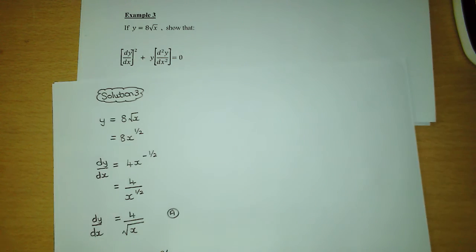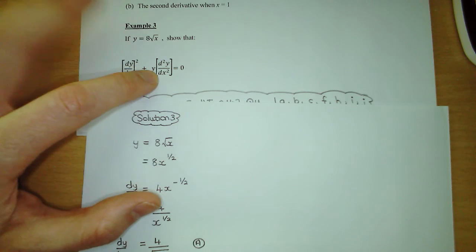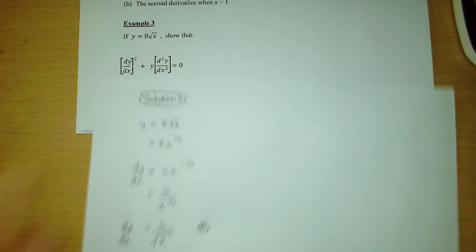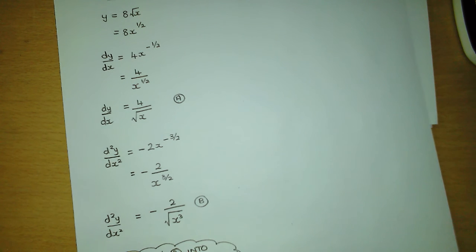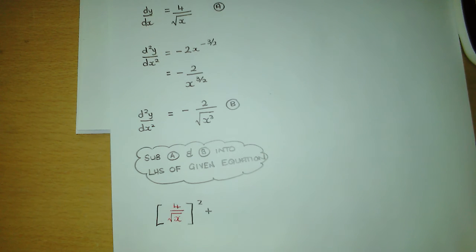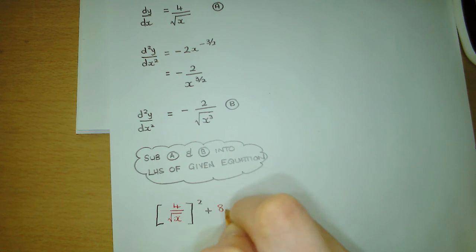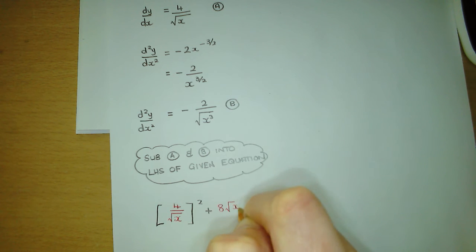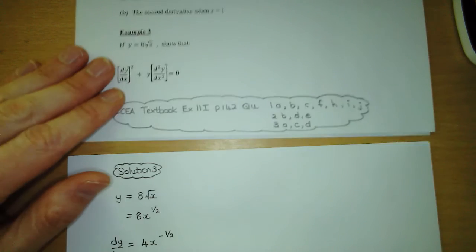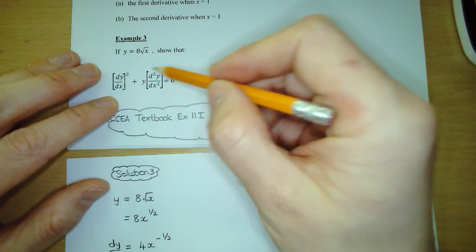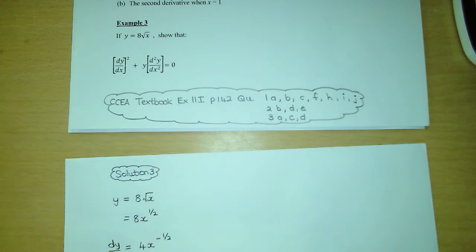And then go back again, plus y, so y is 8 root x, remember? So plus 8 root x, and then that's being multiplied by d2y/dx squared, the second derivative.